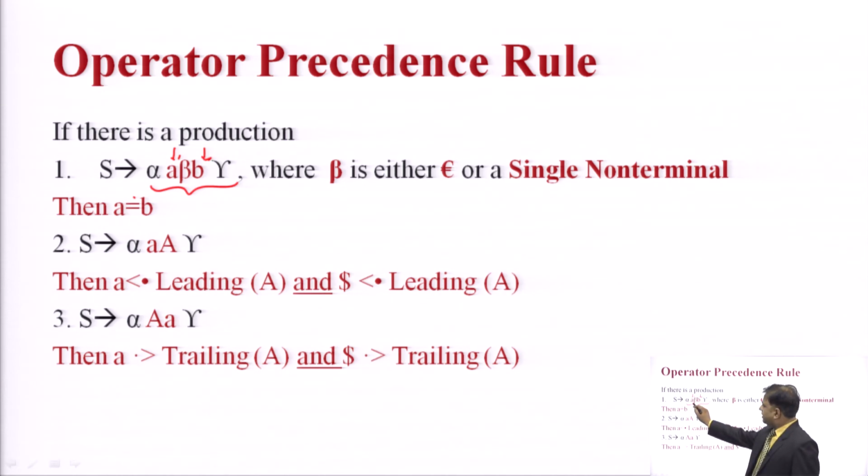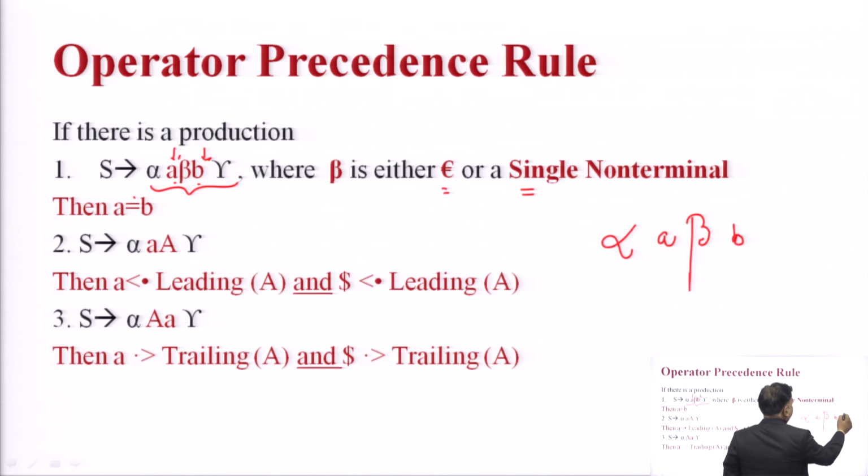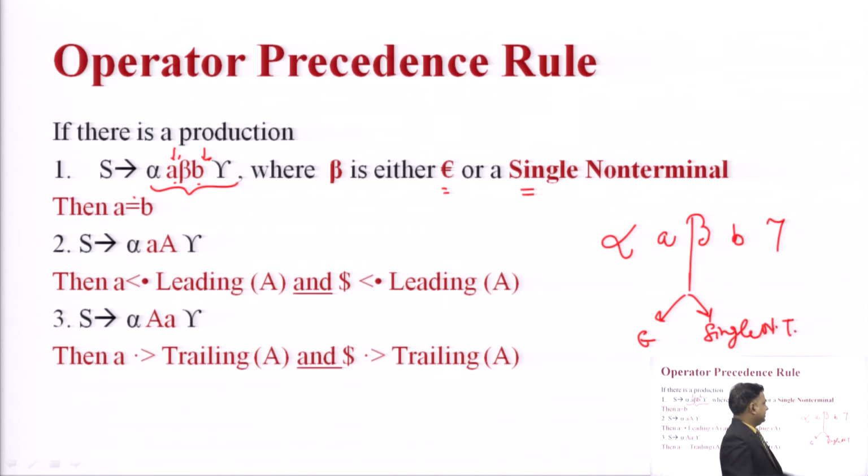So, in the production these are the terminal symbols A and B, and these two terminal symbols are separated by beta, and this beta is either epsilon or it is a single non terminal. That means in alpha A beta B gamma, beta may be an epsilon or it may be a single non terminal, right. If so, then A has equal precedence with B. Let's see.